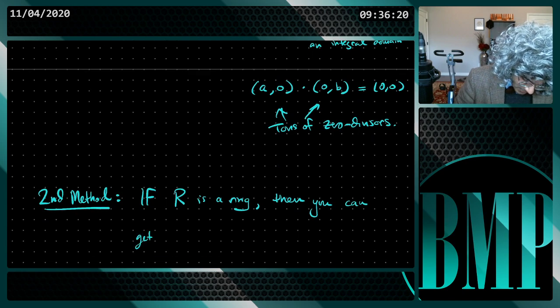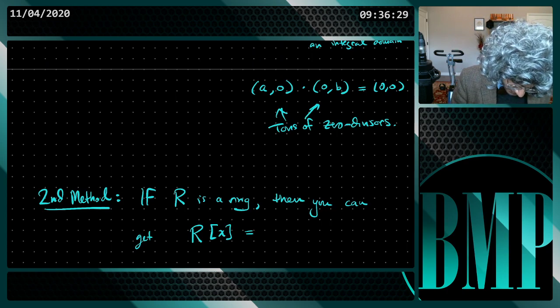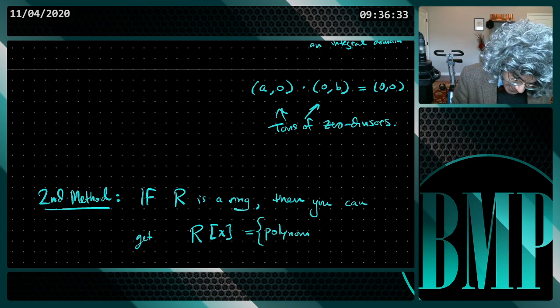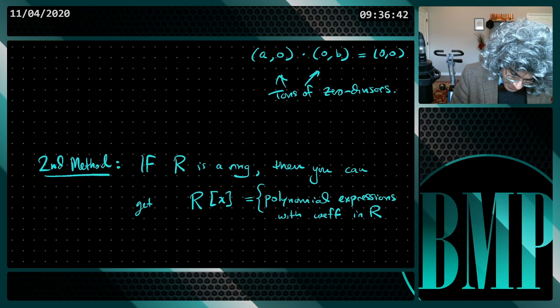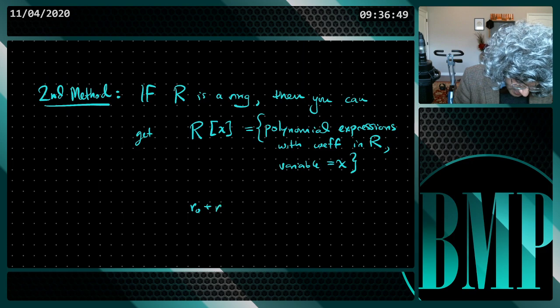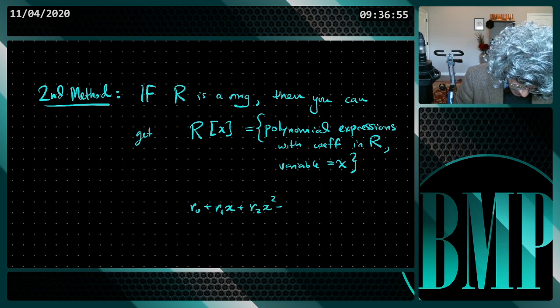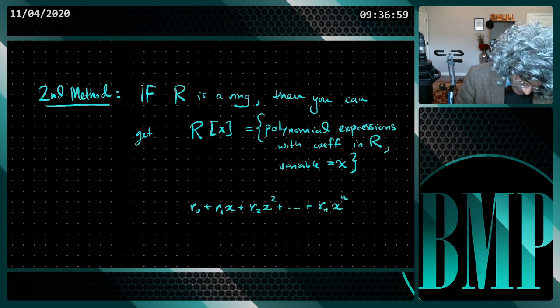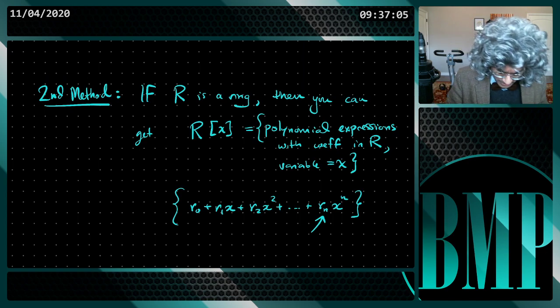You can get what's denoted R adjoin X. This is just the polynomial ring whose coefficients are in the ring R. Now, polynomial expressions with coefficients in the ring R and the variable is X. So let me write every element down, where the number of terms is allowed to be any finite number.